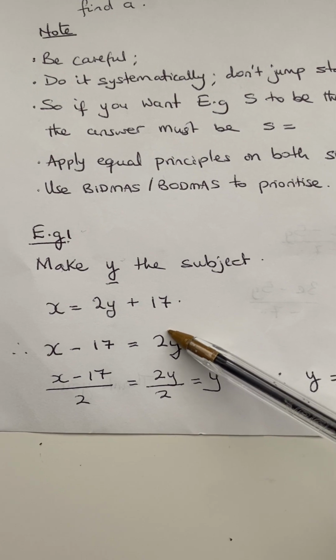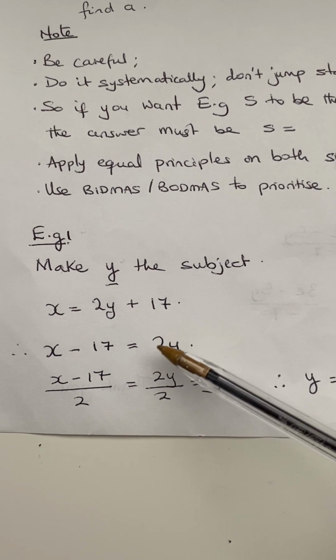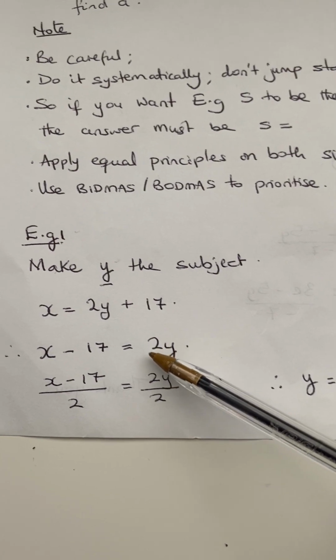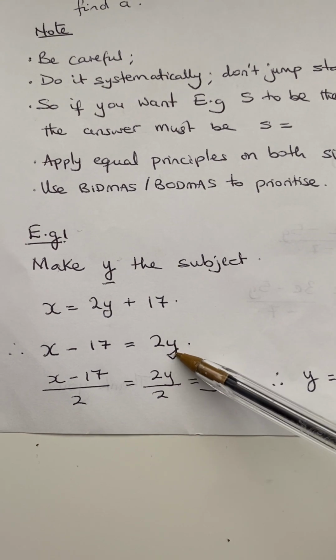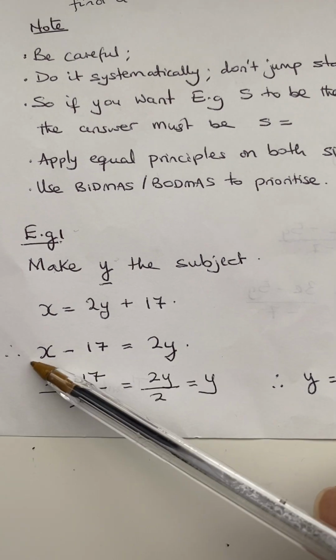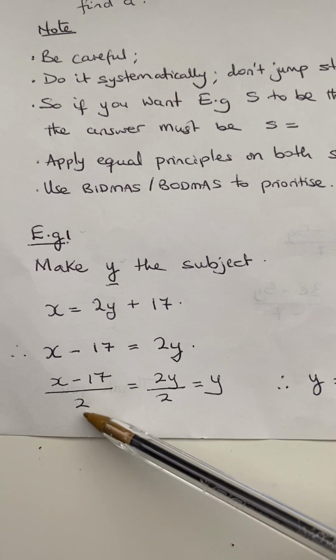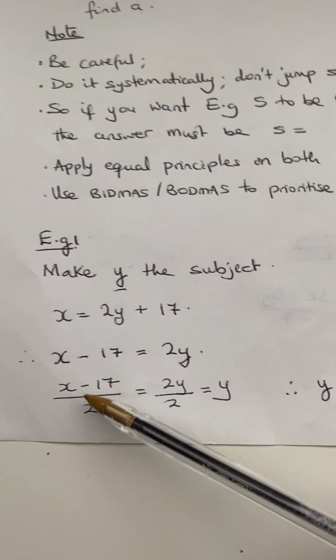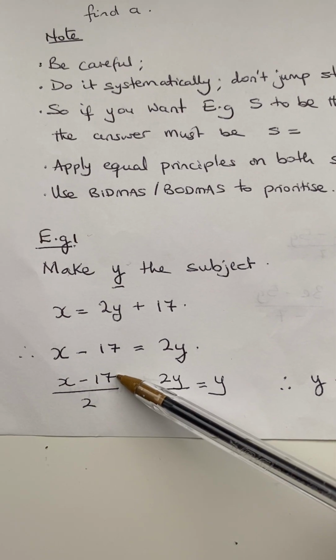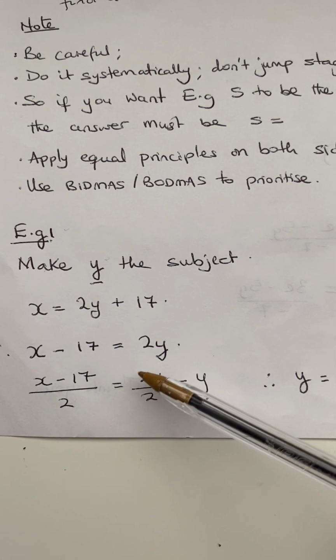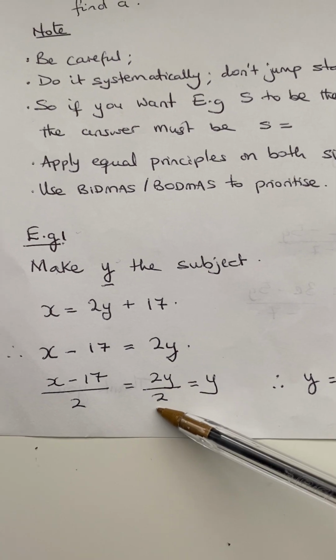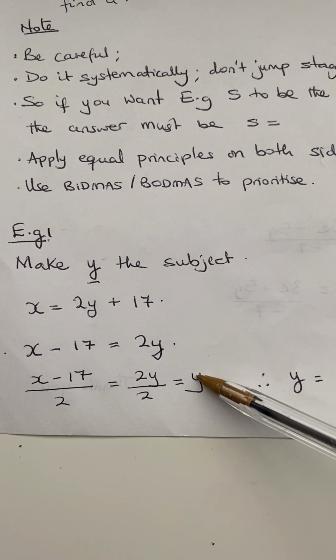So now to make y the subject, this is 2y. So we divide 2y by 2 to get y here, and then we divide all this by 2. So we have x minus 17 all divided by 2, and then the 2's cancel, so we have y.